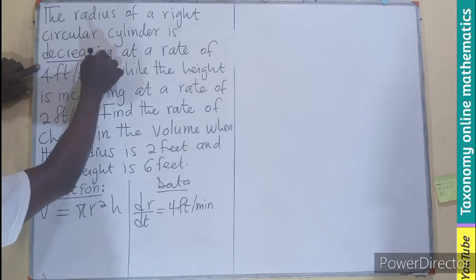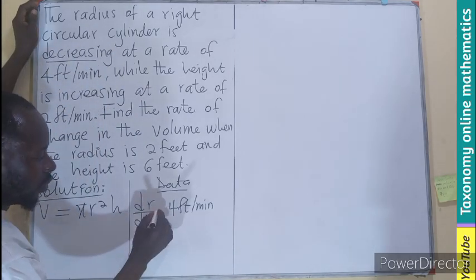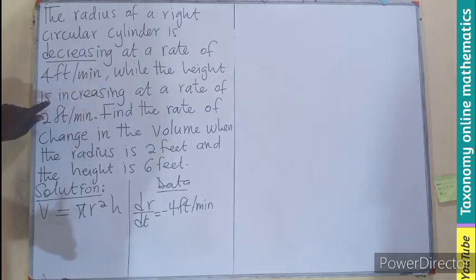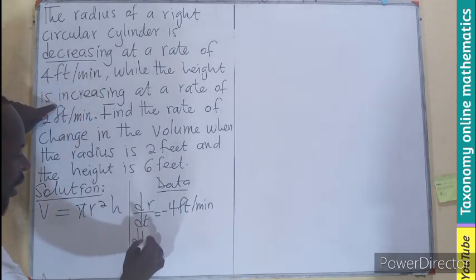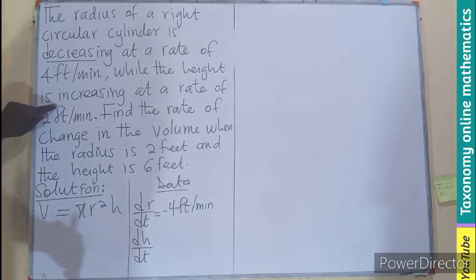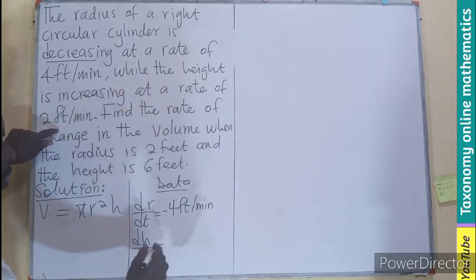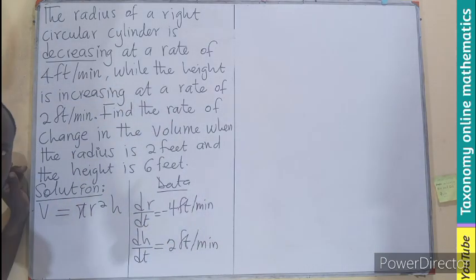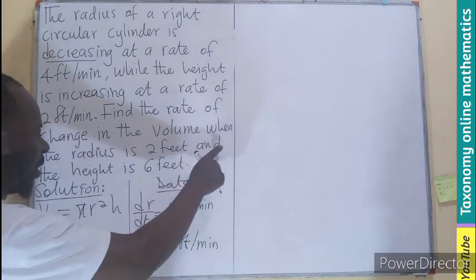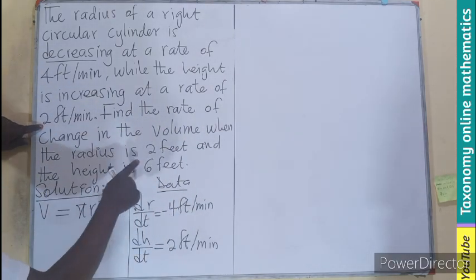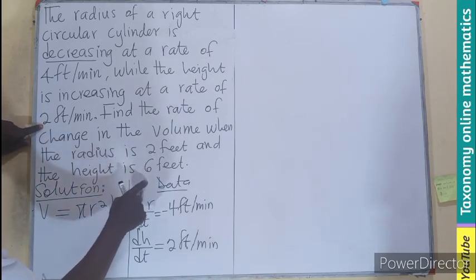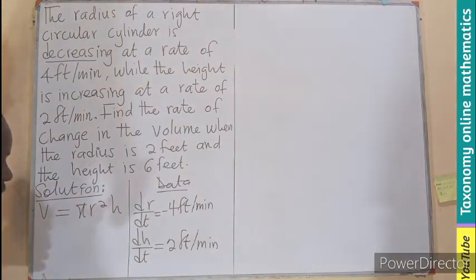Now, the information says it's decreasing, so we introduce a negative: -4. What again is given? The height is increasing, so dh/dt is 2 feet per minute. So these are the information given. From here, the radius is 2, then the height is 6. We will apply that along the way.